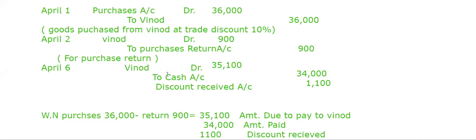After that, the entry for the payment made to Vinod, paid cash. Vinod is the receiver, so Vinod debit 35,100. How have we calculated 35,100? It is given over here in the working note I have shown you. Please highlight this point and keep it in your mind.